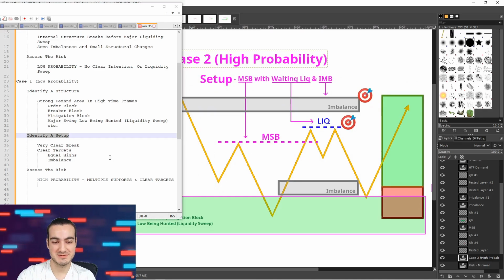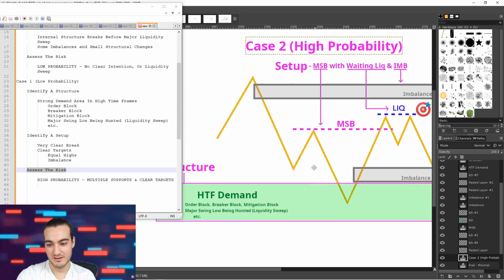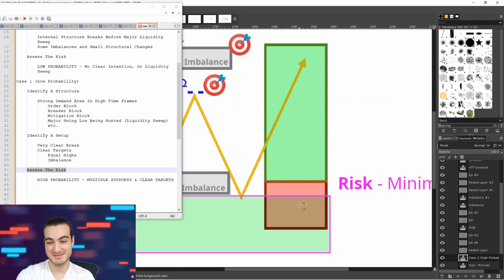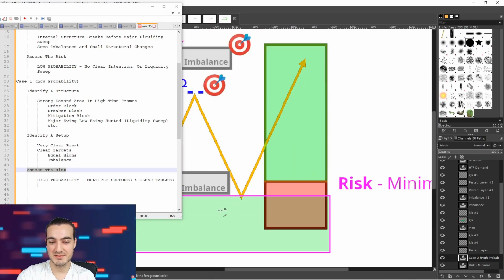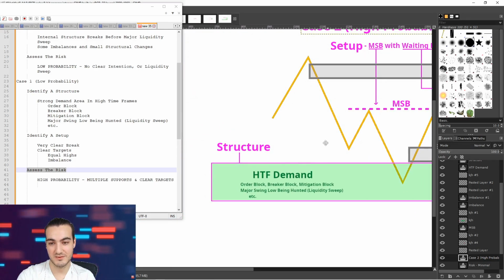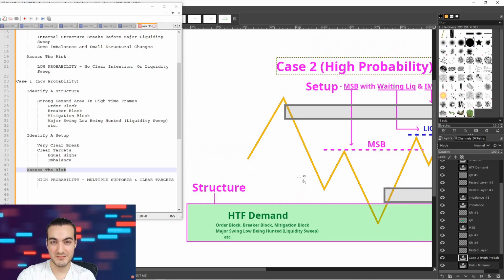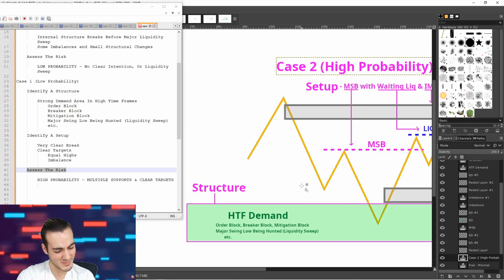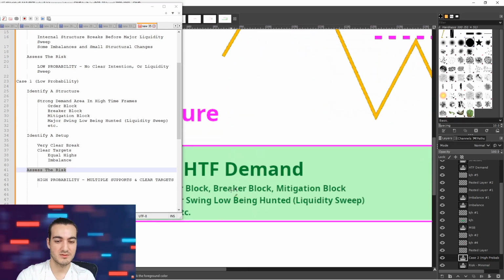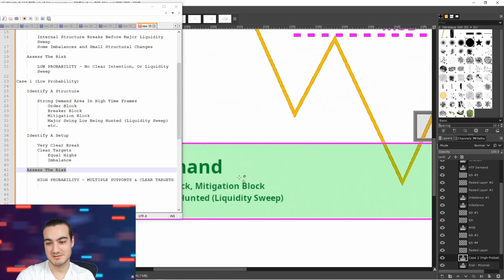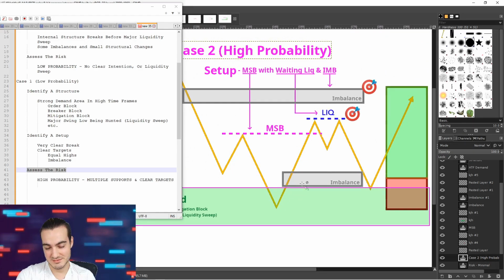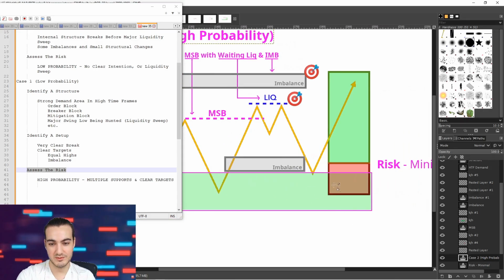And then as we're assessing the risk, the third step, I say minimal risk, just because he said it, but also because it does make sense that if we have it from a higher time frame, and remember, the higher the time frame, the more weight the structure will carry. So this is a heavily weighted demand zone. So we're kind of confident that the price won't just break through it willy-nilly.